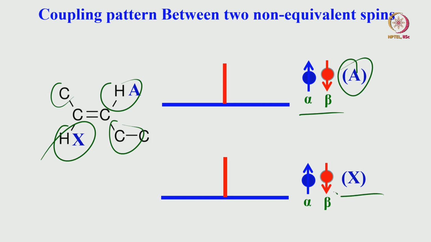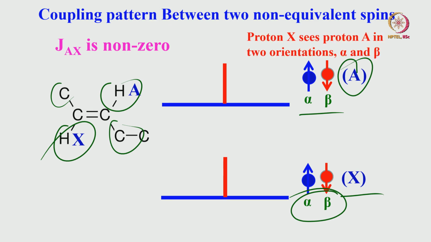Proton X also has two spin states, alpha and beta. Since JAX is non-zero, there is an interaction between them. Proton X sees proton A in these two orientations, alpha and beta, and then it splits into a doublet like this. Exactly from the center of its chemical shift position, it starts splitting into two lines, two peaks moving on either side. Fine, that is a doublet.